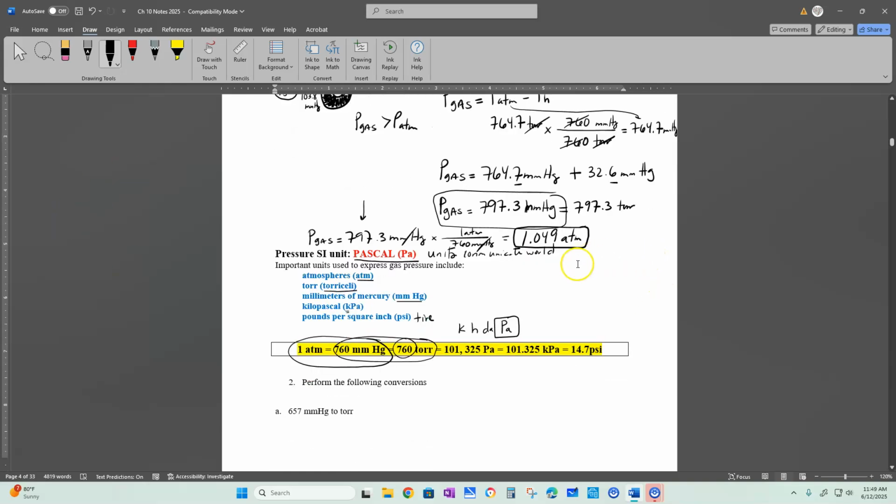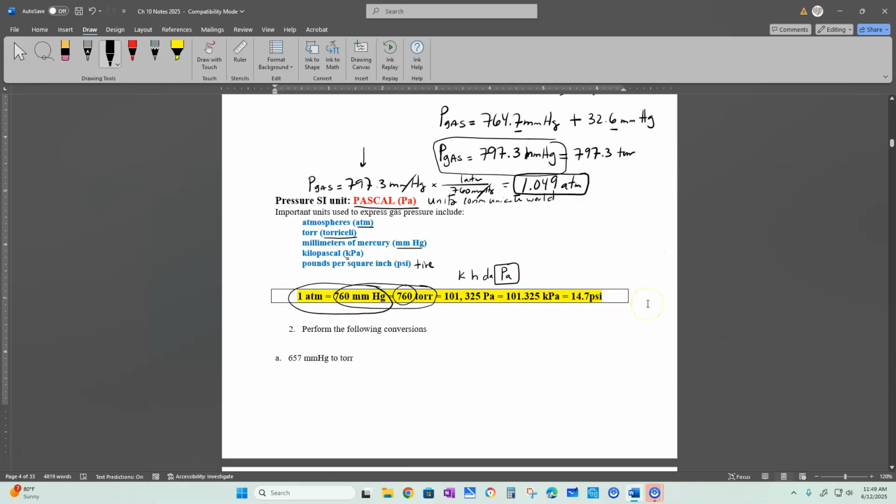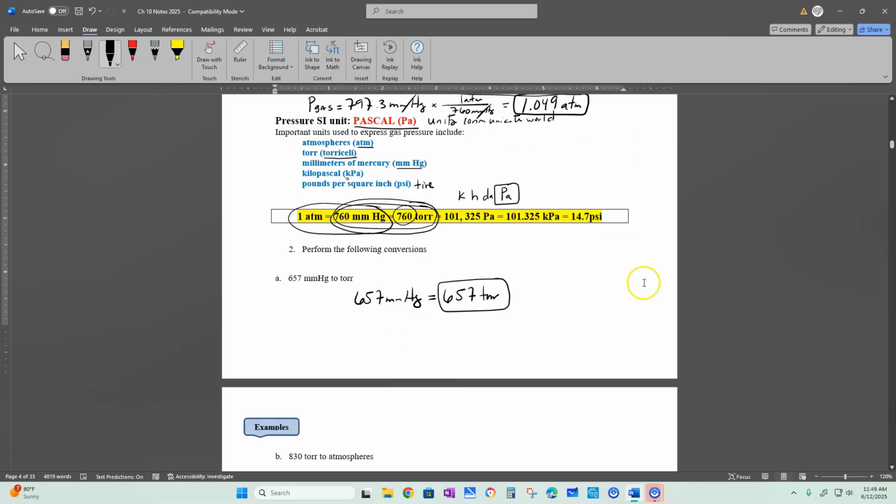So let's do a couple practice problems converting units. Let's say problem number 2, I have 657 mmHg and I want to go to torr. Okay, so it's right there. And conveniently enough, they equal each other. So 657 mmHg is the same thing as saying 657 torr. Don't need to show any math because they equal each other. Okay.